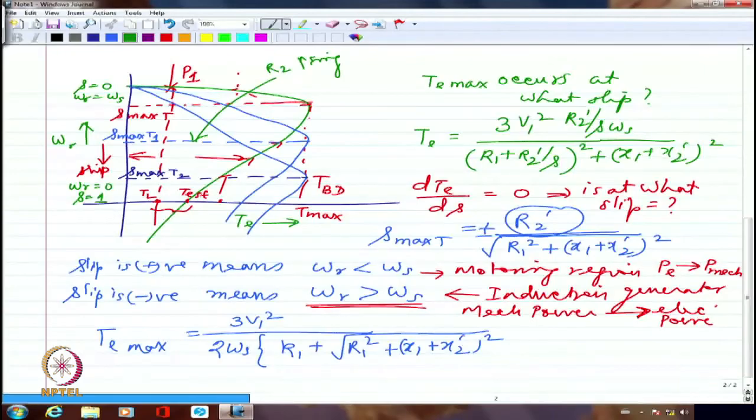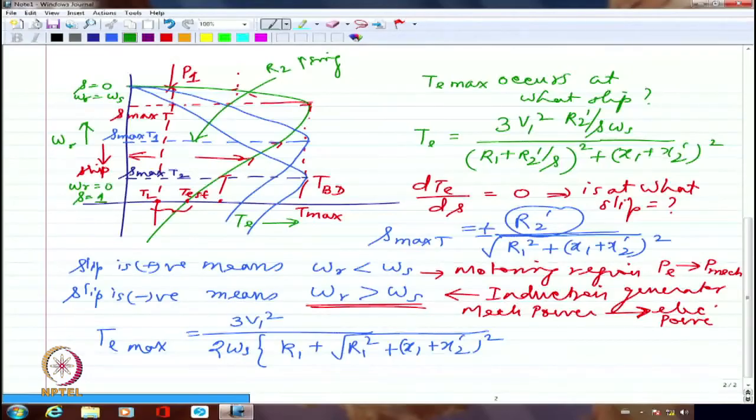Either way is fine. If I am able to increase R2, maybe like in a slip ring induction motor, which I cannot do in a squirrel cage induction motor. I can modify the resistance characteristics of the rotor by including an external resistance only in the case of a slip ring induction motor.